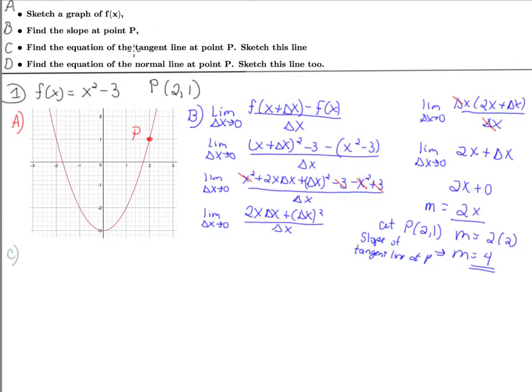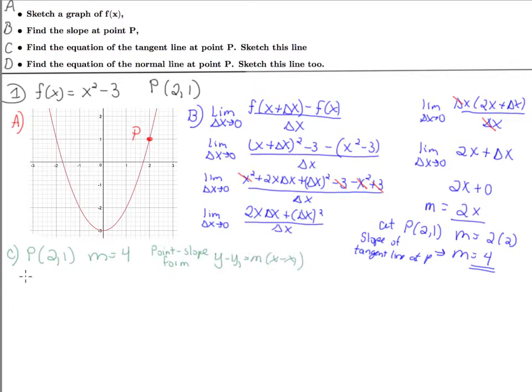Part C, let's find the equation of the tangent line at point P. So we're going to have to remember how to find the equation of a line. We know the point, which is 2, 1, and we know the slope. Anytime you're given a point and the slope, the easiest way to find the equation is to use something called the point slope form, which if you remember is y minus y1 equals slope times x minus x1.